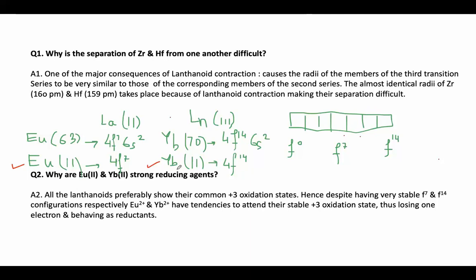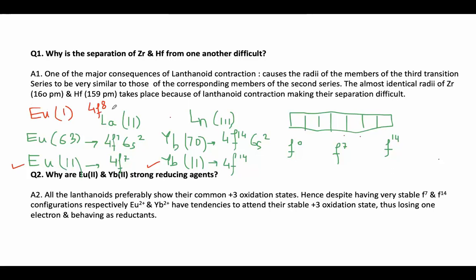So now you can argue that since both of these are very stable, 4f7 and 4f14, your approach should be that europium-1 should be the major strong reducing agent. So europium-1 would have this 4f8 electronic configuration.